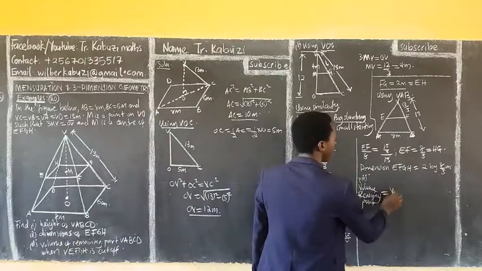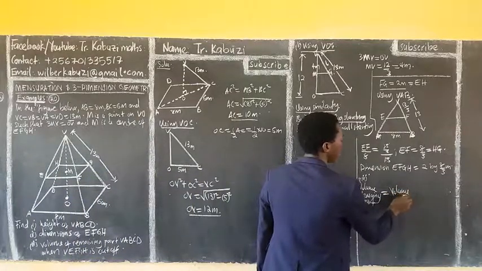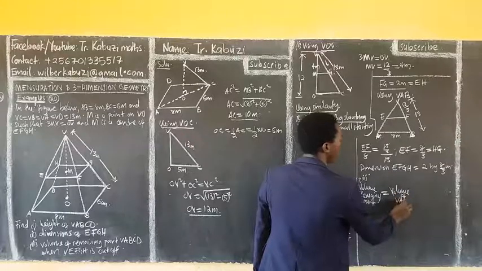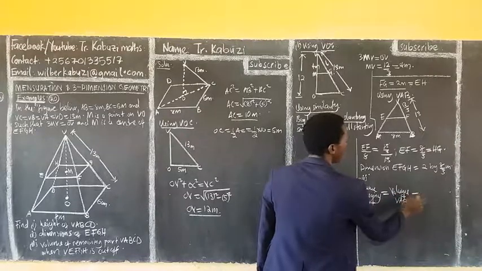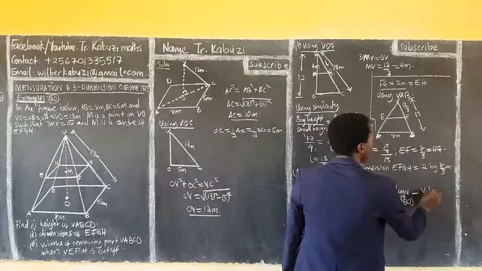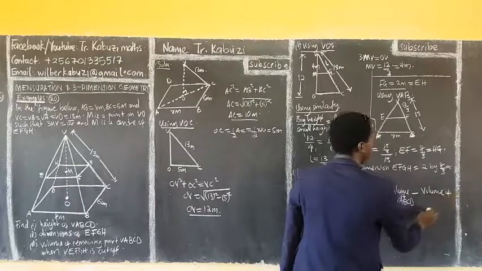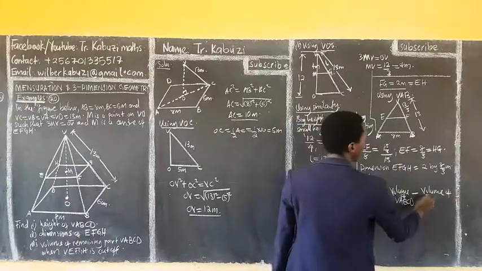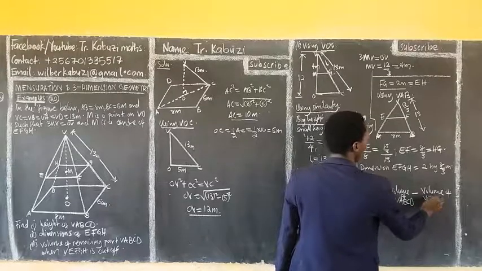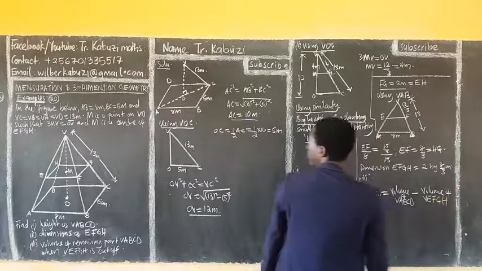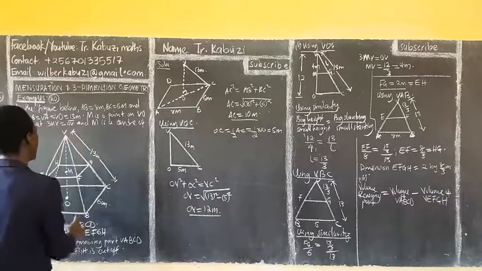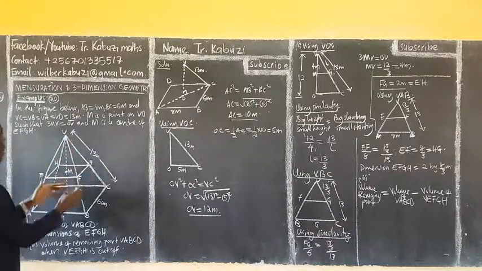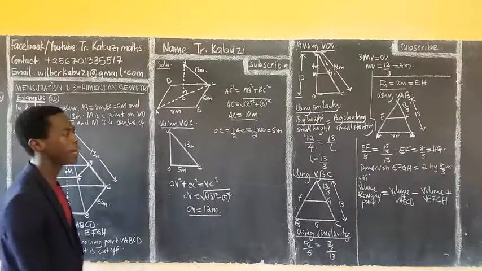So volume of VABC, then minus the volume of VEFGH. So if I get the volume of the big, then I get the volume of the small, I'll be having the volume of this remaining part.